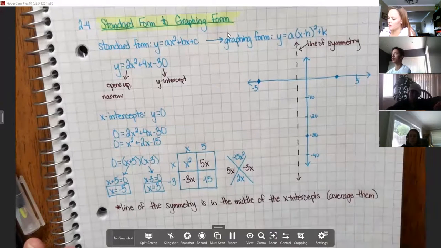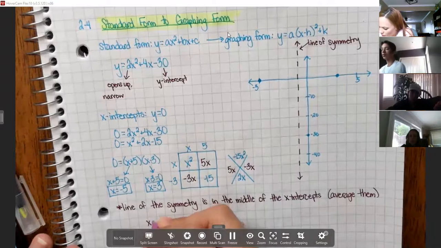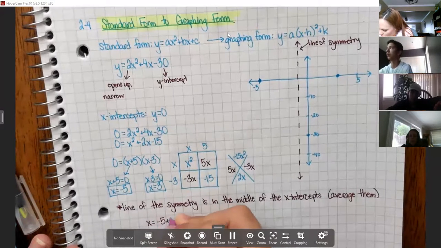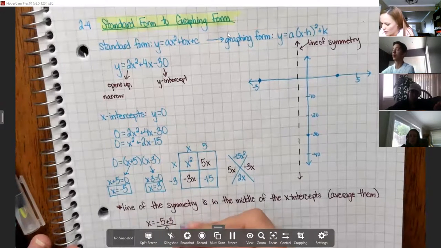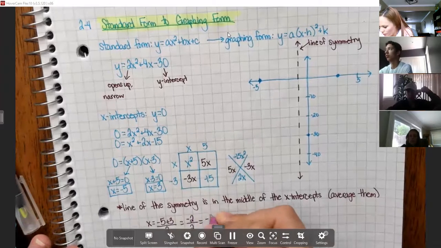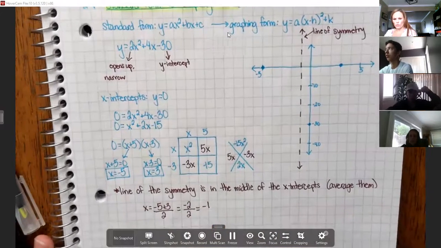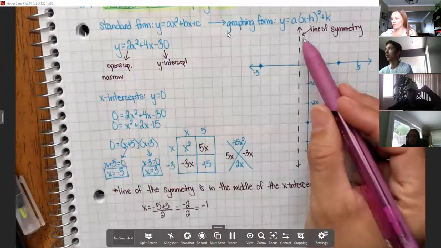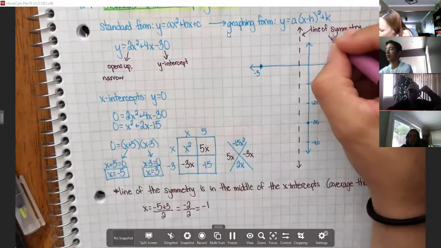Sometimes you can just look at a graph, but if you do -5 plus 3 divided by 2, that's -2 over 2, which is -1. So that's the line of symmetry at x equals -1.